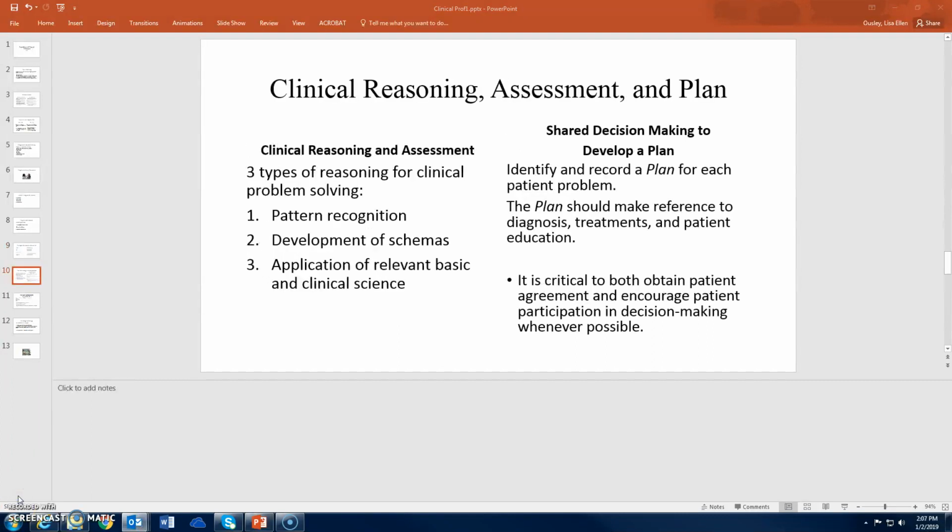After completing the history and physical exam, you reach the critical step of formulating your assessment and plan. So you're supposed to use sound clinical reasoning to analyze your findings and identify the patient's problems. So the comprehensive health history and the physical exam form the foundation of your clinical assessment.